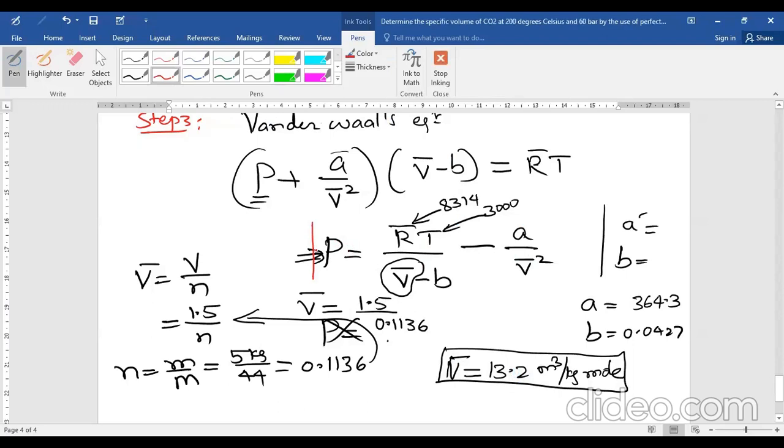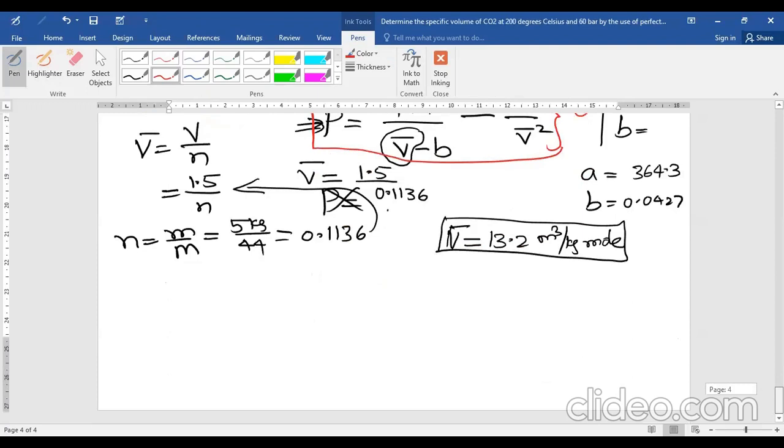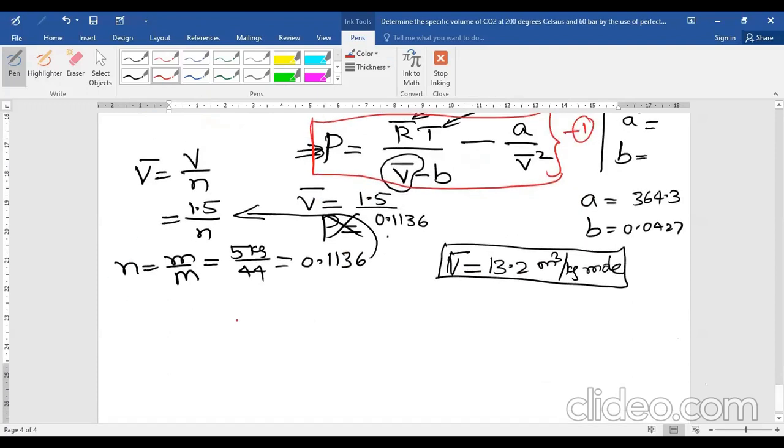So this 13.2 we substitute in equation number 1. Take this as equation number 1. So in this equation, if you substitute V bar, you will get the value of pressure P. Let me substitute all the values.